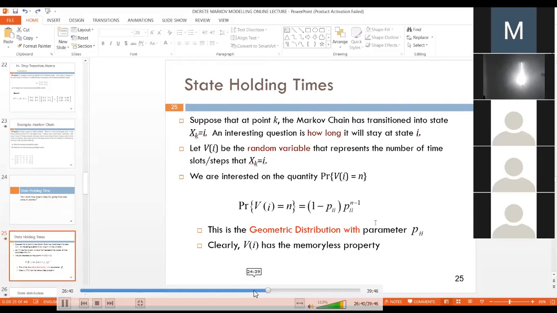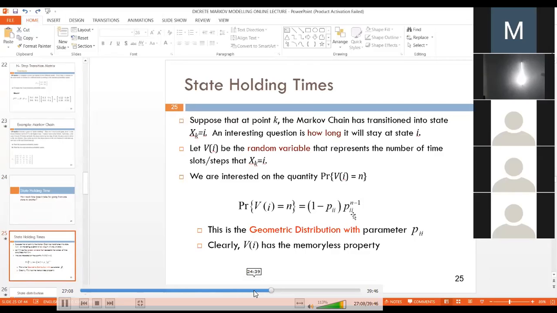The geometric distribution. But this time it's going to be 1 minus the probability of remaining in the state, times the probability, that is P. Let me come again. So this is the probability of remaining in the state a number of times, and then times the probability of the first transition. The first transition means you are no more in the state.